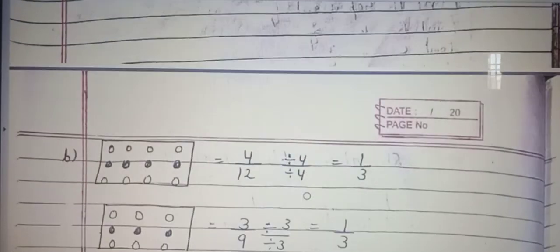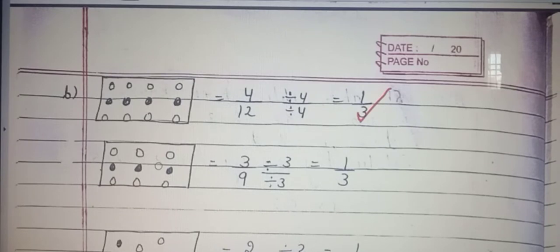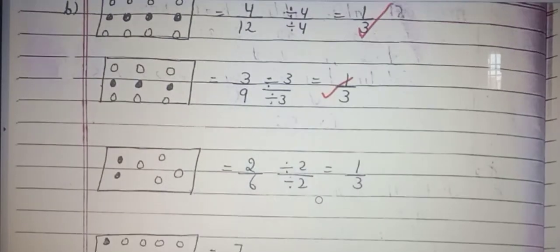Now the B part. The fraction for the shaded part becomes, total 12 dots are there and shaded dots 4, so it becomes 4 upon 12. Now we will reduce it to the lowest form, dividing numerator and denominator by 4. It gives us 1 upon 3. Now the fraction for the next part is 3 upon 9. After reducing to the lowest form, it gives 1 upon 3.